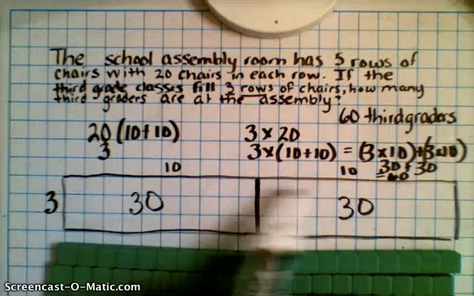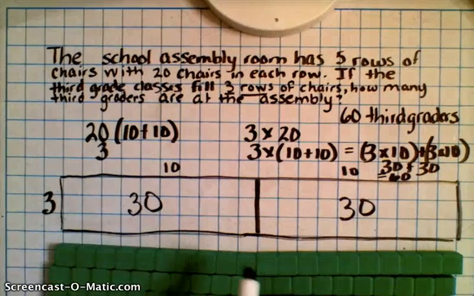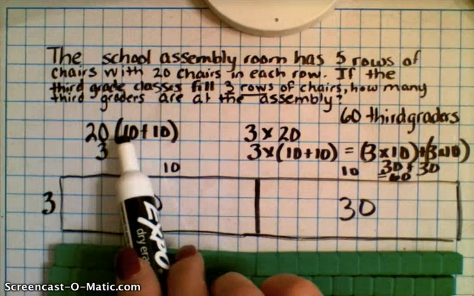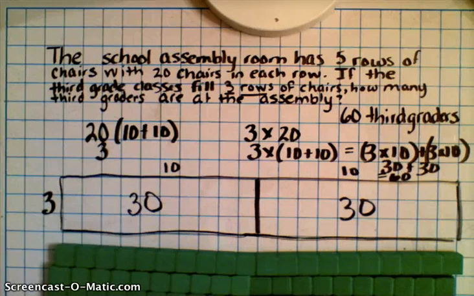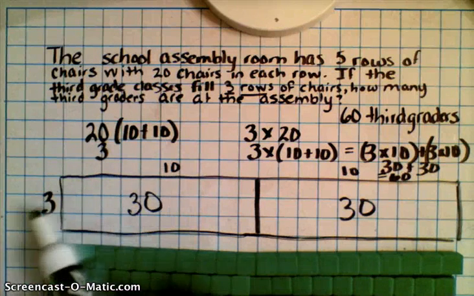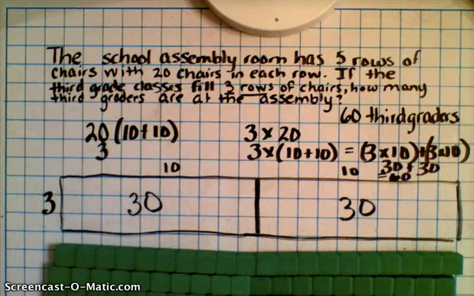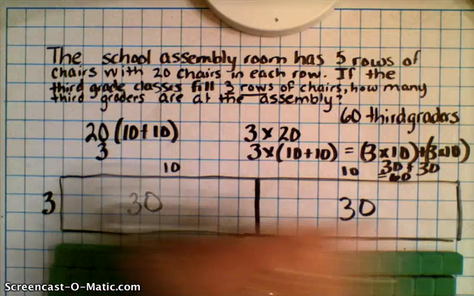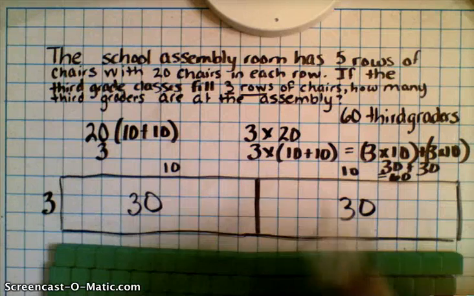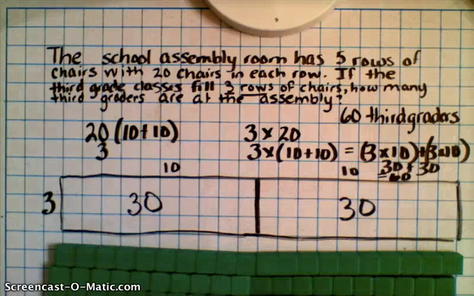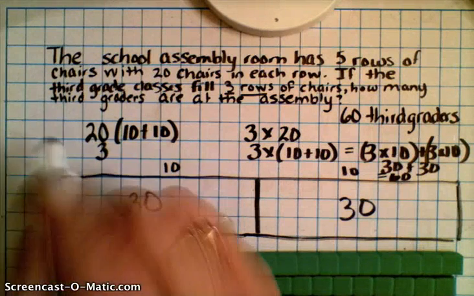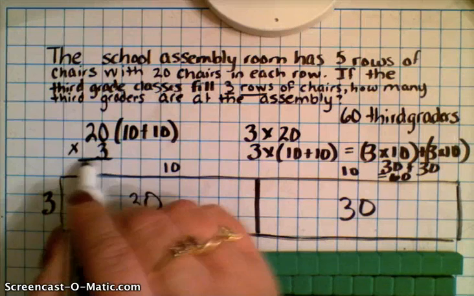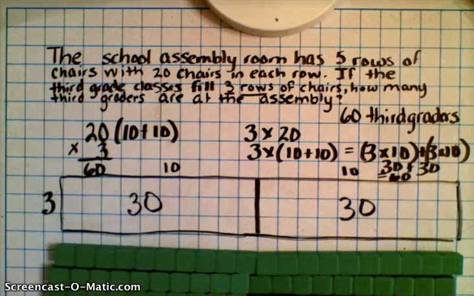This complete row is 20, but we decided that we would break 20 up as 10 plus 10 just because it's easier to multiply smaller numbers, as we learned from the distributive property. Then we took the 2 smaller area models and added them together to get a total of 60. So the product of 20 times 3 is 60. That's one problem.